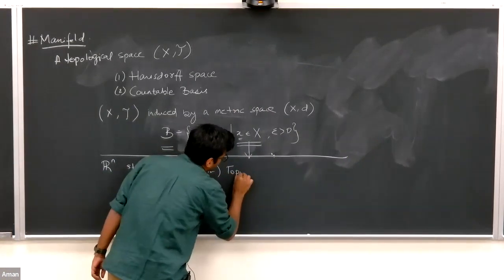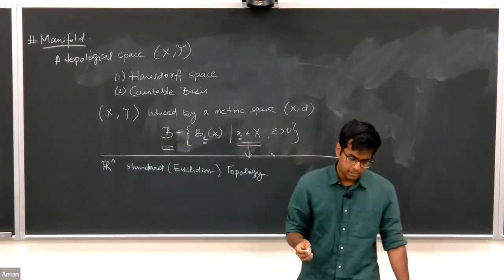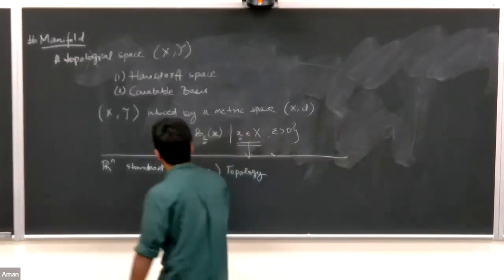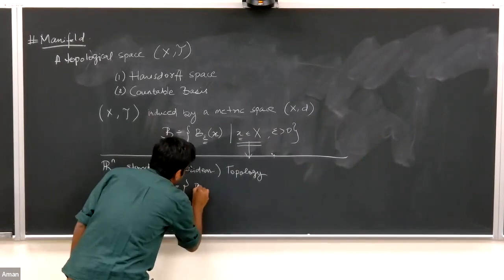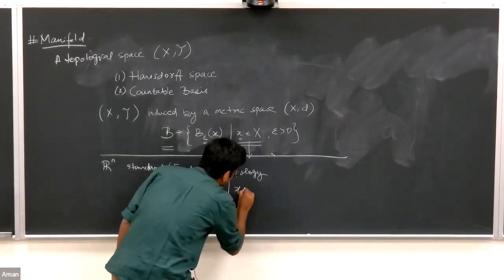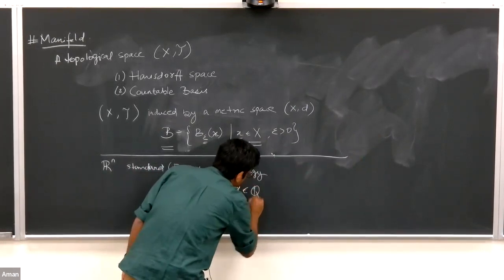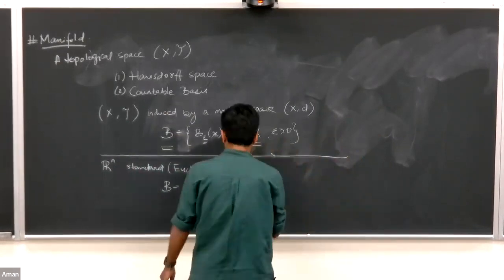But now what we'll do is define the basis elements as balls around x, but the x are only rational numbers, right?